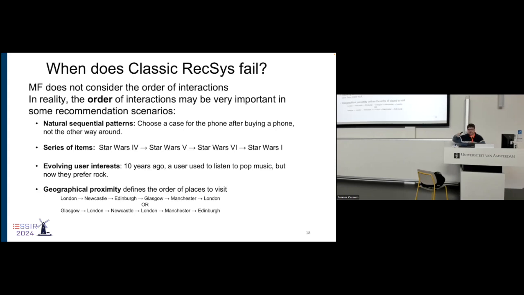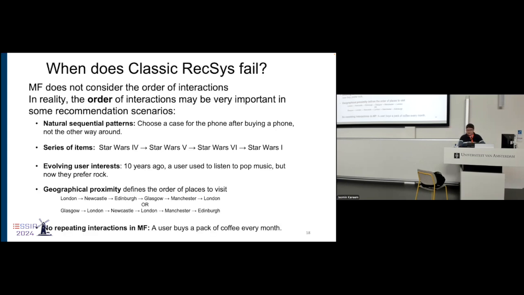But the second one, on the other hand, jumps like crazy, and probably no one travels around the United Kingdom like this. So the first sequence makes much more sense, even though the cities are the same as in the second scenario.